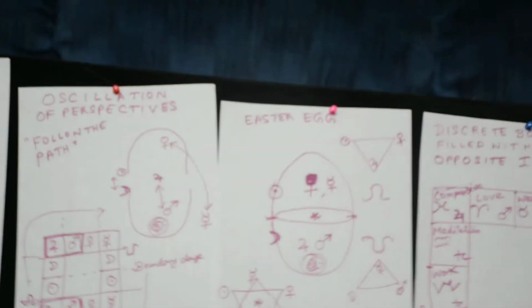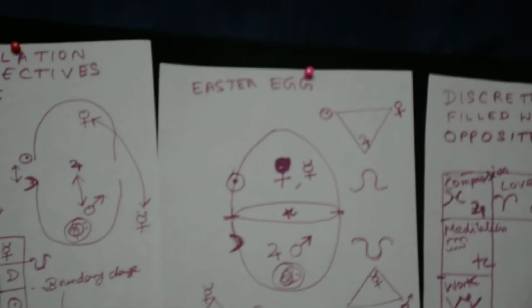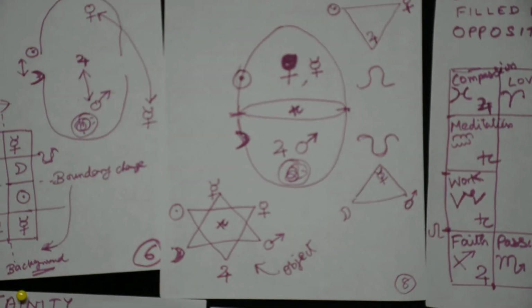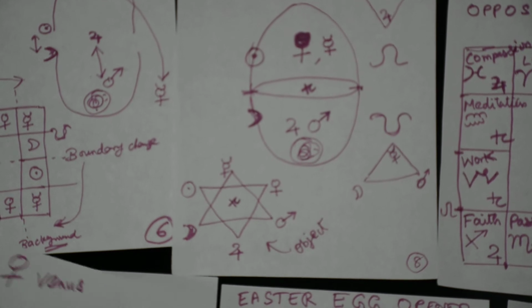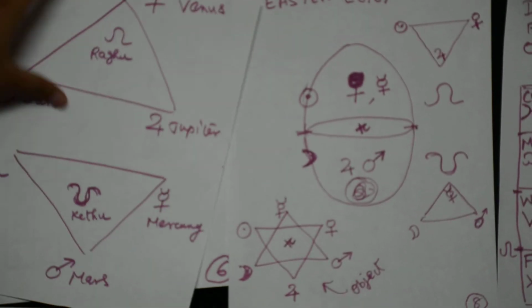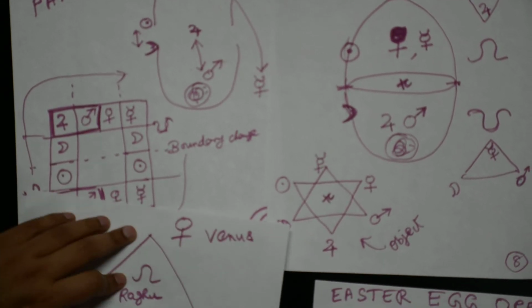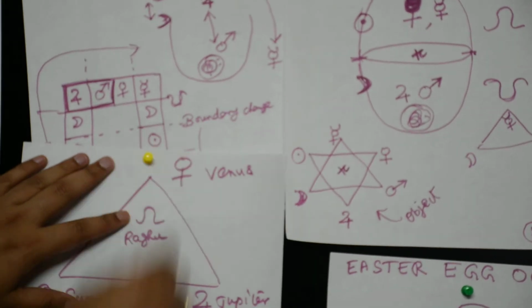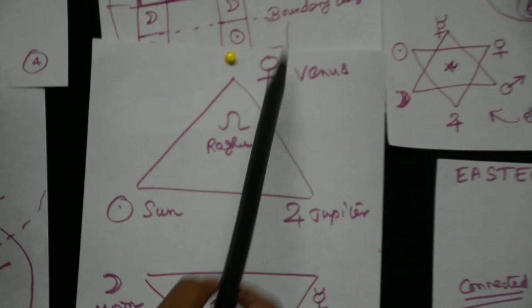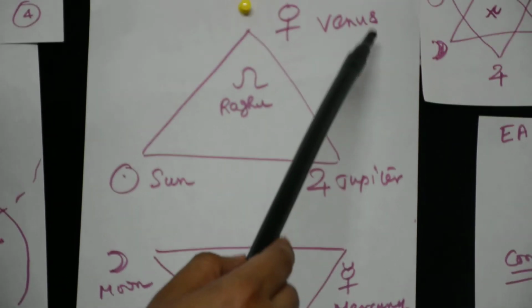Now we have a star shaped representation. To understand this one, first what we do is, when the part is upside down, you have a boundary system surrounding.